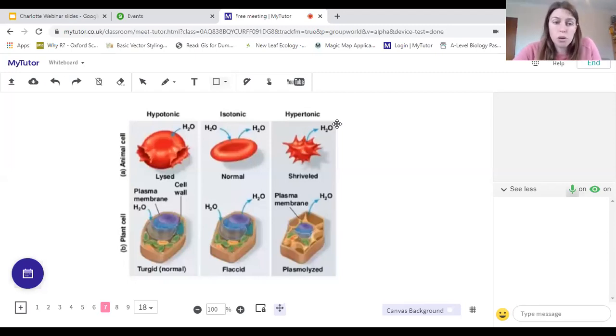So in a hypotonic situation, so when the solution surrounding a plant cell is hypotonic to the cell, that means that there's only one little solute, so a low concentration of solute, but a high concentration of water outside the cell. That means that within the cell itself, you have more of those solutes and a vacuole.